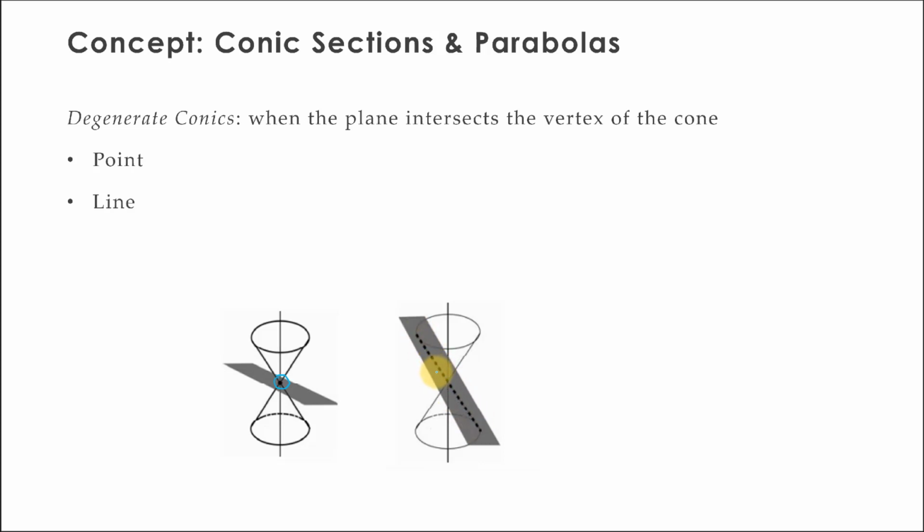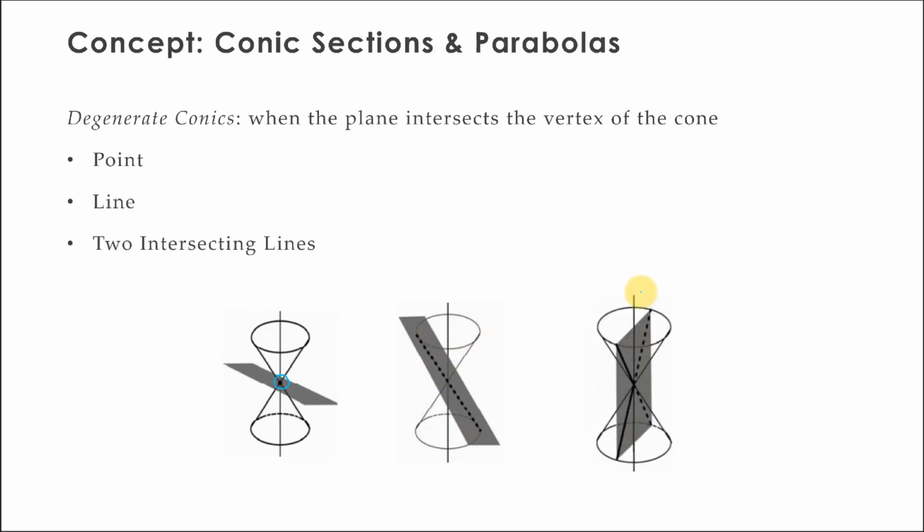And then if I keep rotating that, you may get 2 intersecting lines, okay? Hopefully you can see that with this little sketch or graphic. We have 2 intersecting lines that are the intersections between the outside of the cone and the plane, all right? So those are degenerate conics. We're not going to get into them too much in this unit, but I did want you to have an introduction to them nonetheless, all right?